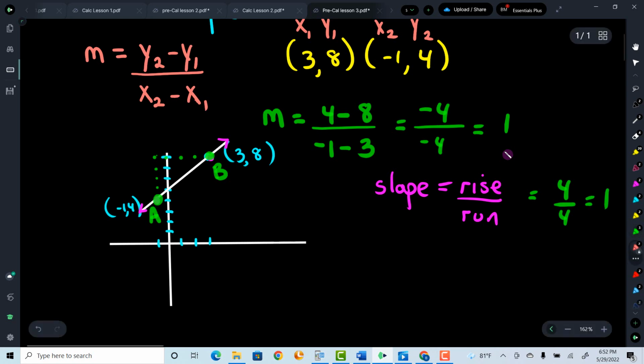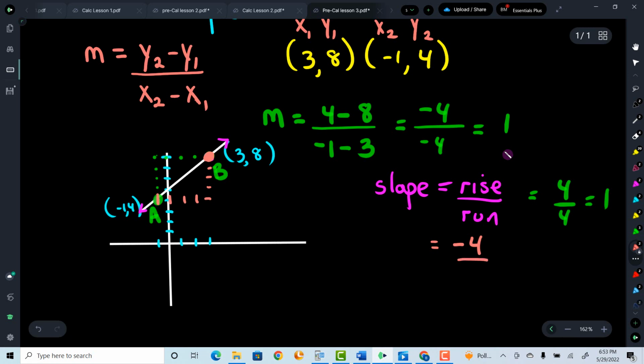Now notice if I went the other direction, so let's say that I started here at B, I'm going to rise, but it's actually not rising, I'm going down 1, 2, 3, 4. So when we're talking about slope, if I go down, that's negative. So it's -4. And then I'm going to run to the left, 1, 2, 3, 4.